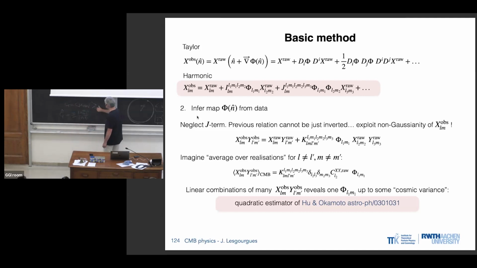We don't do the CMB averaging, but because we average over many realizations of the theory, we get a good estimate of the CLs. And here it's the same. You cannot do this average, but you can measure many such products for many LMs and combine them in a way that the combination would give you this phi LM.